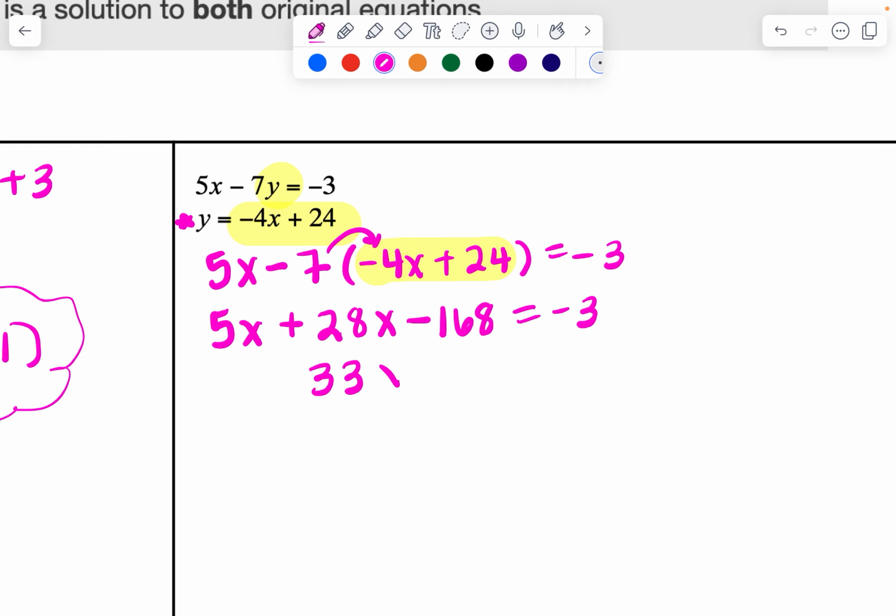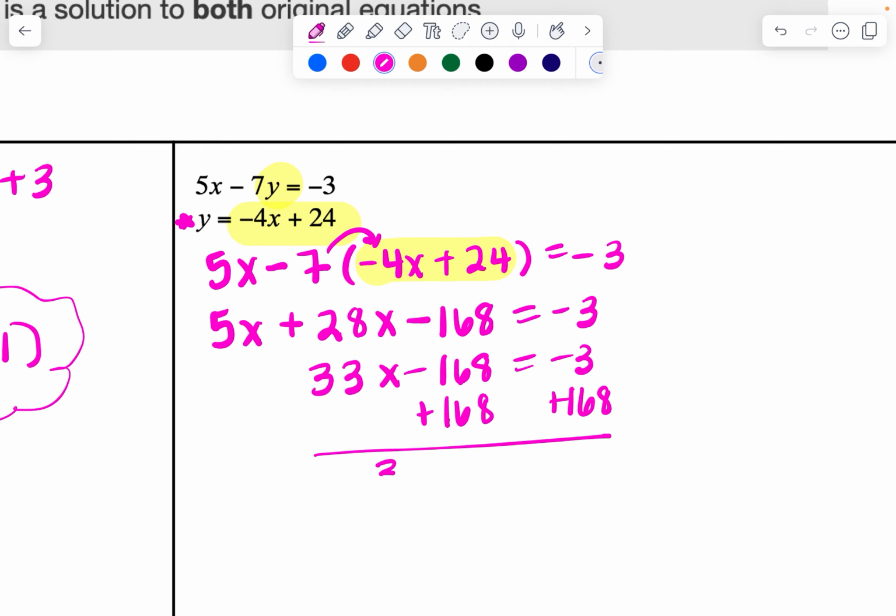This ends up being 33x. Take away 168 is negative 3. Adding 168 to both sides, I get 33x is 165, and then dividing both sides by 33, I would get x is 5.